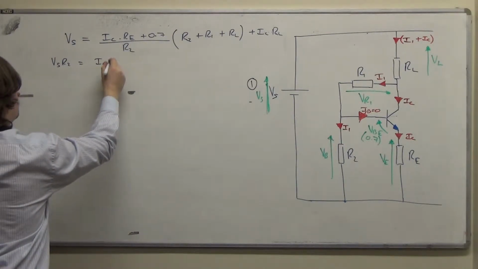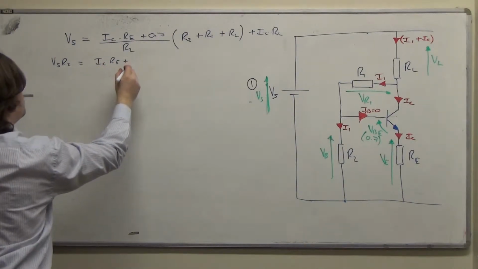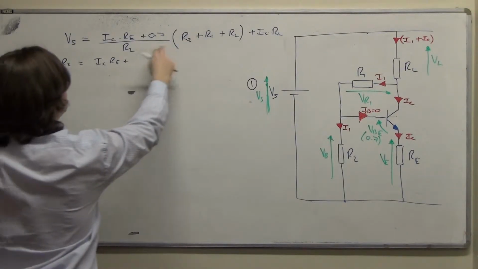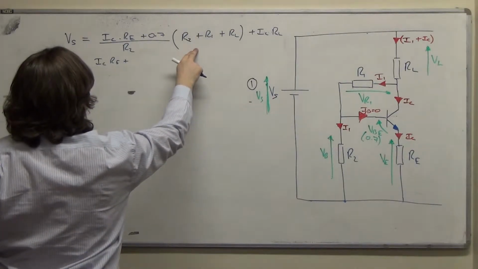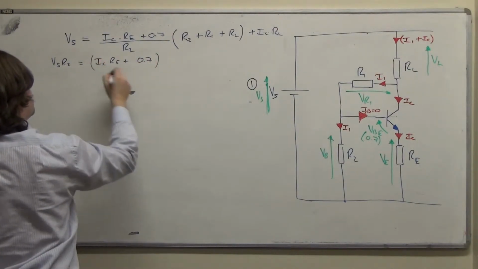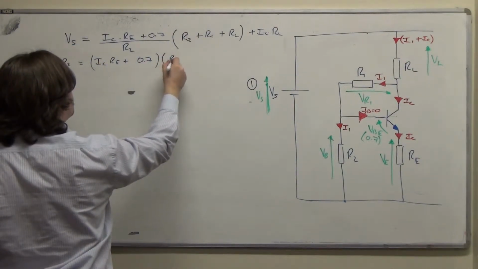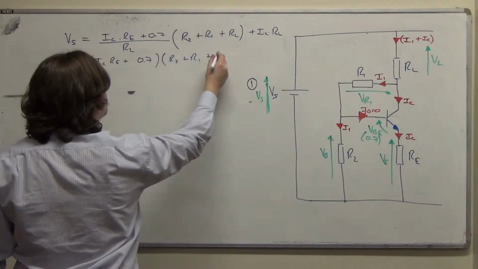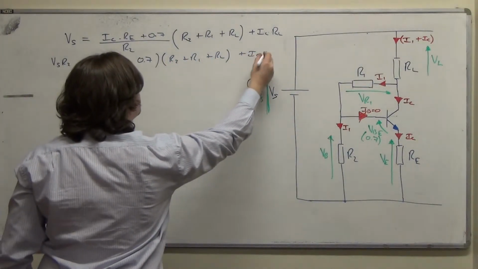IC RE plus, we have to multiply this lot out through as well, don't we? 0.7, so I need a bracket around that now, times R2 plus R1 plus RL, plus IC RL.